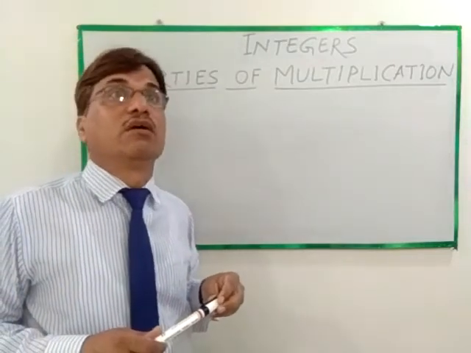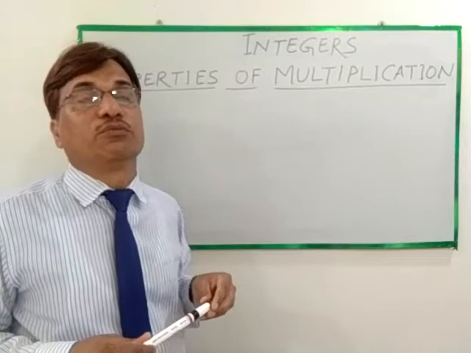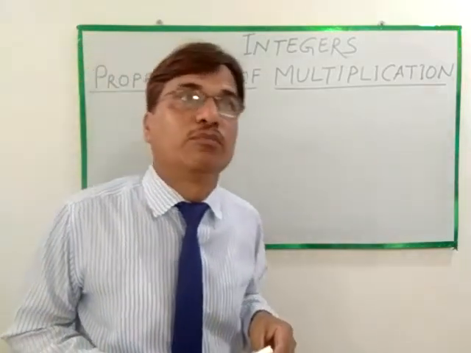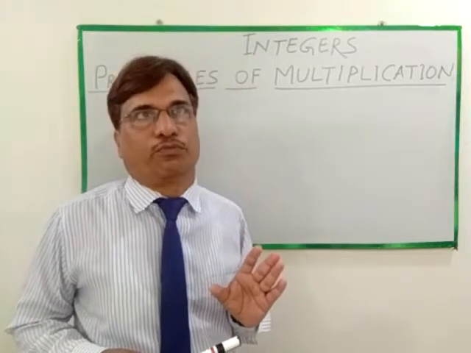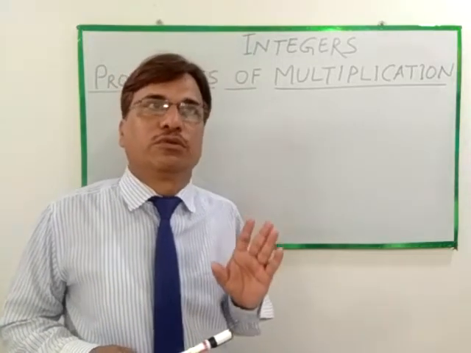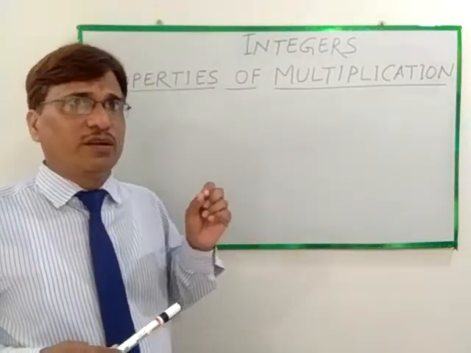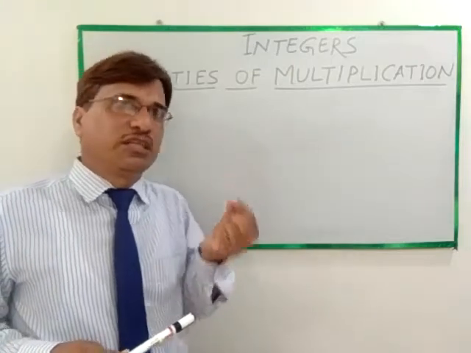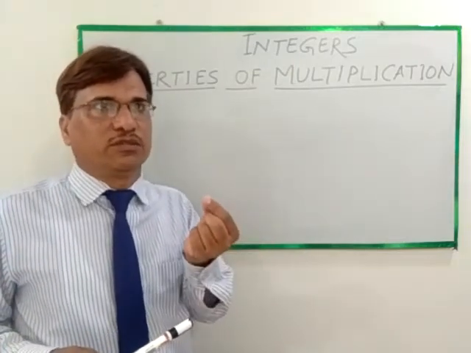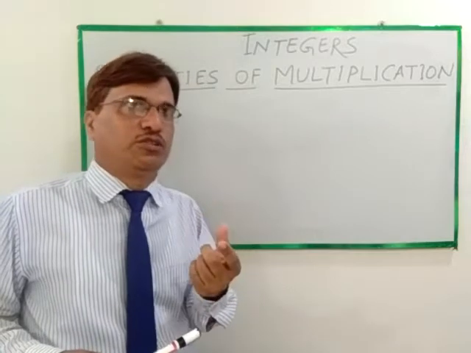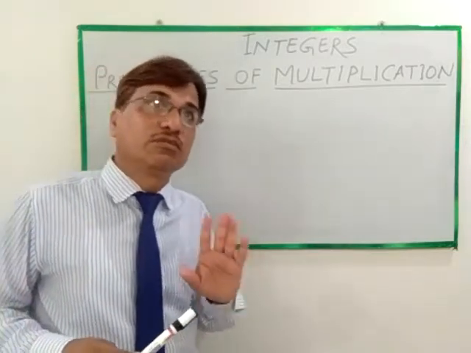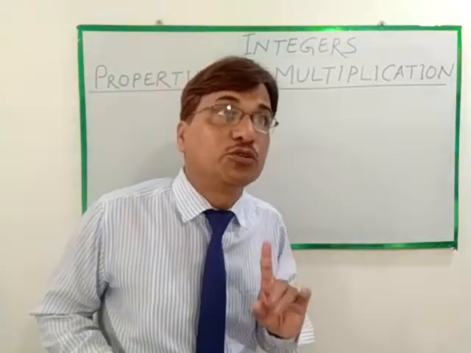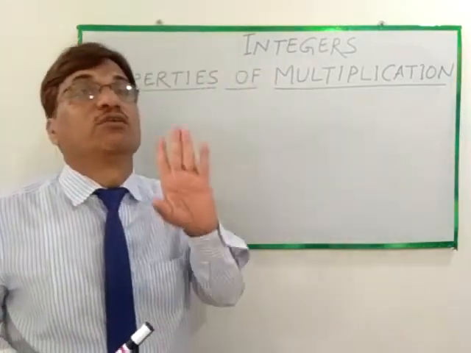Composite number: a number which has more than two factors is called a composite number. The smallest composite number is 4. We have learned: smallest natural number 1, smallest whole number 0, smallest even number 2, smallest odd number 1, smallest prime number 2, smallest composite number 4.